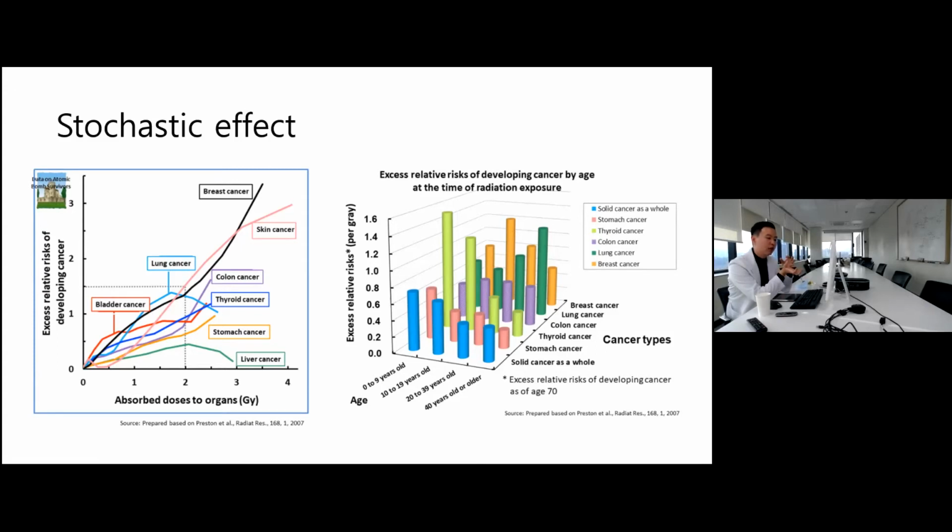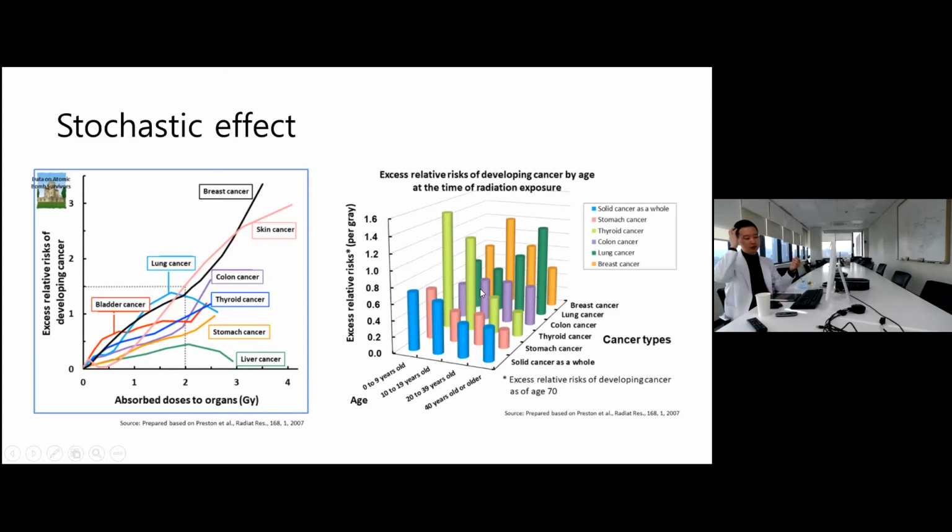They are actually more sensitive to radiation, especially the thyroid, which is the most sensitive, compared to adults. So you can see from the graph here that the risk of thyroid cancer, stomach cancer, and solid cancer as a whole is higher among people who are young at the time of radiation exposure.